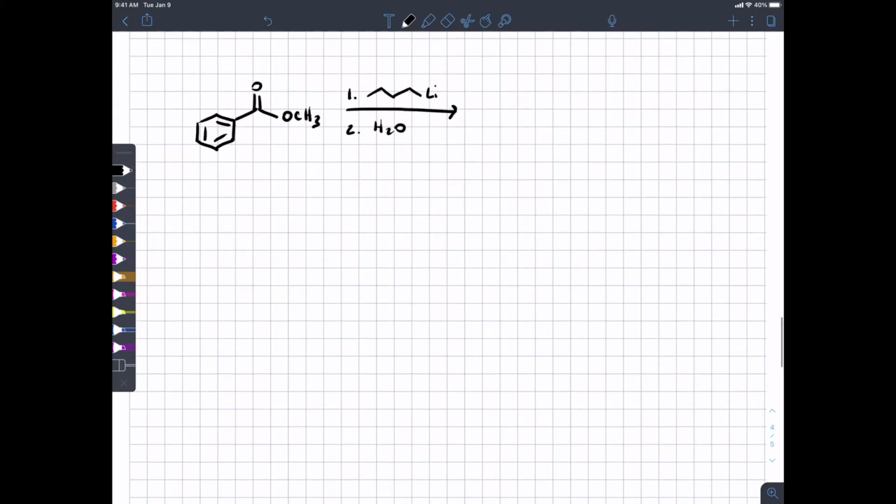Because we know that organolithium reagents or Grignards, when they react with esters or acid chlorides, can't stop at the ketone, we're going to assume that there are 2 equivalents of the organolithium reagent. So you predict the products here.